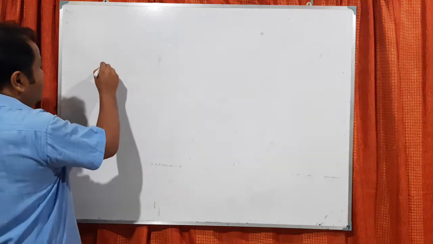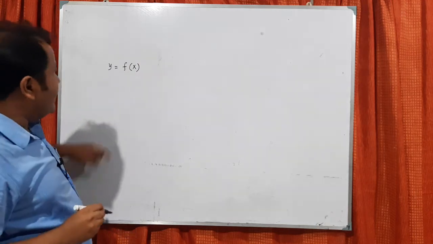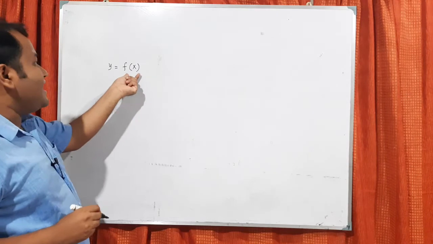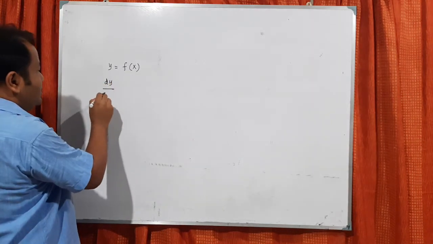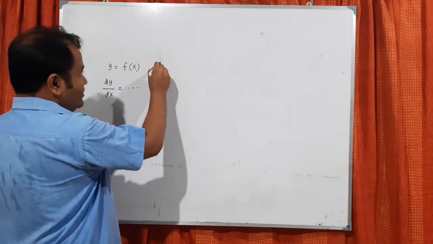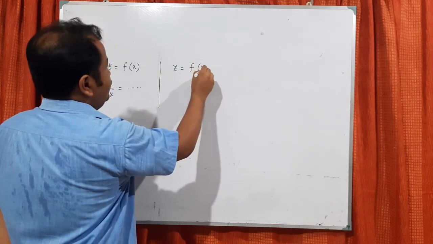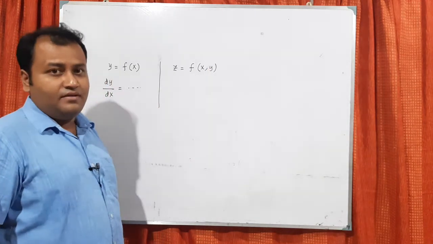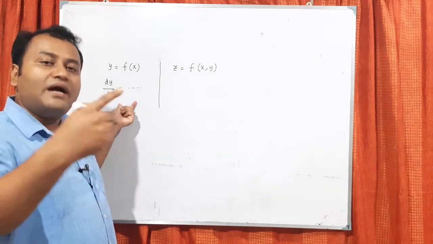That means, say y is a function of x. I want to find the derivative of y with respect to x. I have only one choice, so I can find dy/dx. Now suppose I give you a variable z which is a function of x and y. Then I have multiple choices, so the ordinary derivative will not work, and we have to go for the partial derivative.